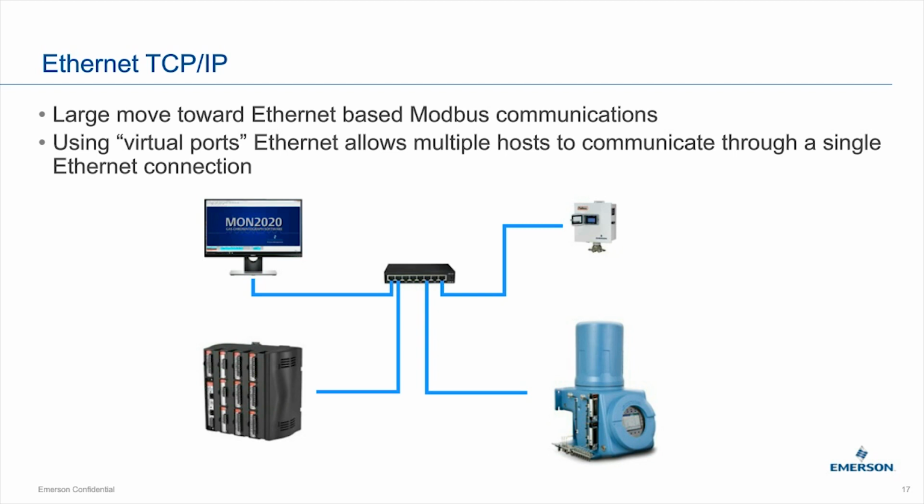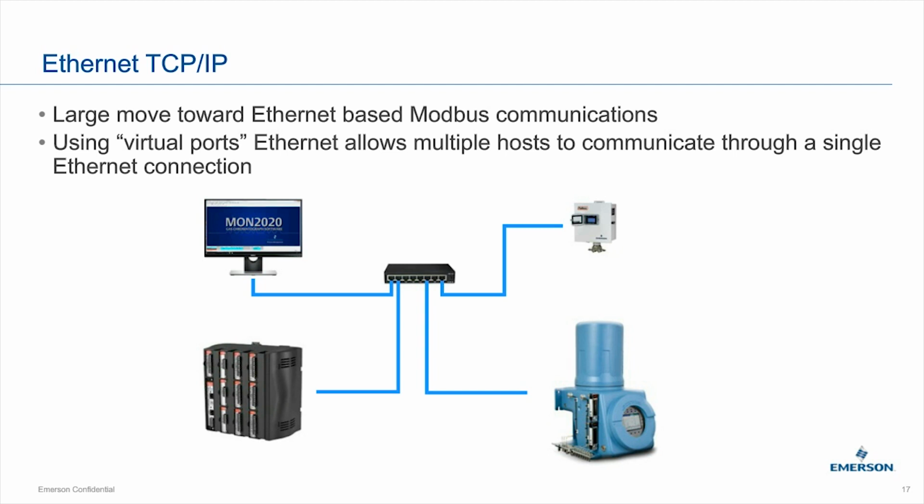So even though the flow computer is talking to the GC point-to-point, and the MON 2020 in this case is talking to the GC point-to-point, the software inside the GC will recognize that they're coming from 2 different devices and will set up a virtual port on the fly inside the GC so that we can have multiple masters talking to the one GC over a single Ethernet link.